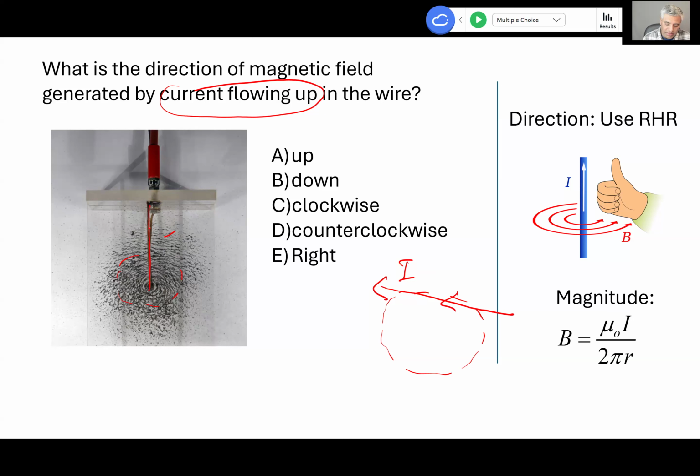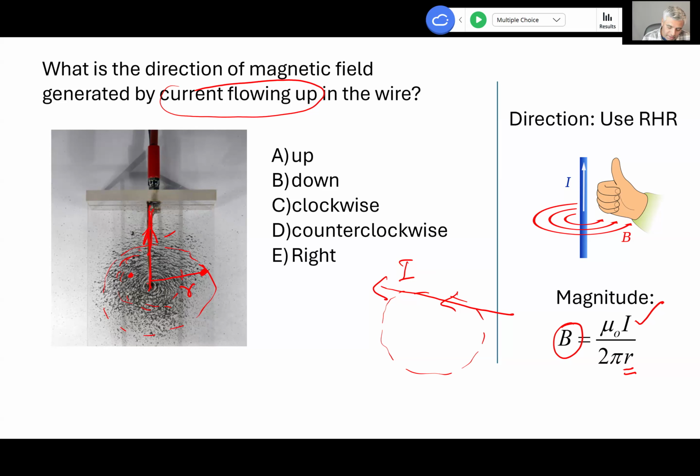But what we know is now current is flowing up something like that, and that produces the magnetic field, and that magnetic field depends on the current and how far we are looking. So for example, if the point of interest is here, then R is going to be that, because that's the circle we are interested in.